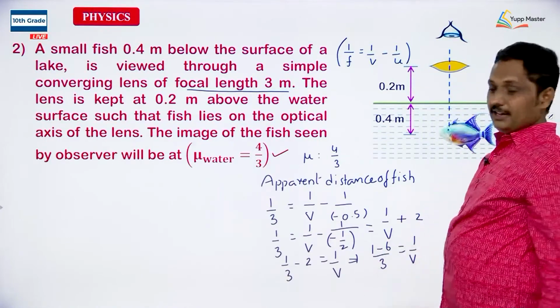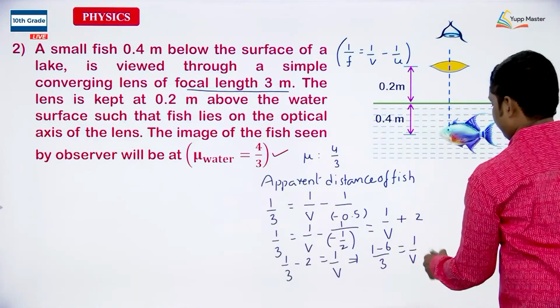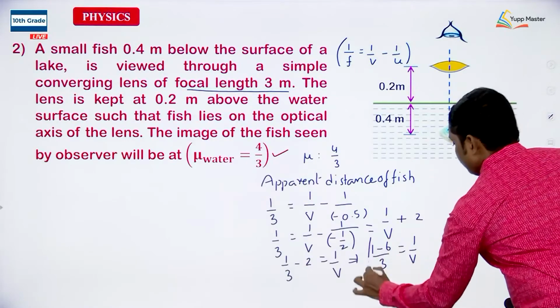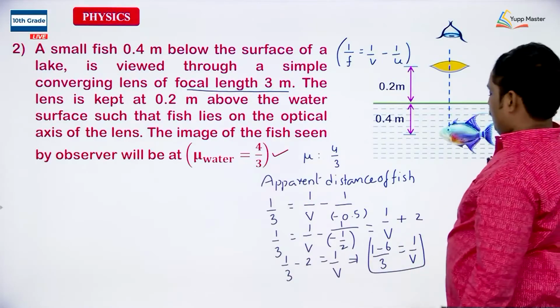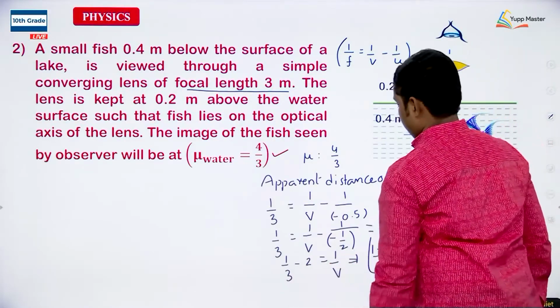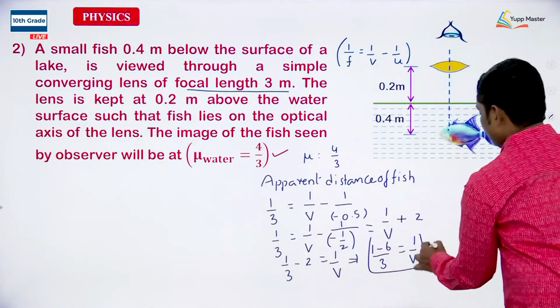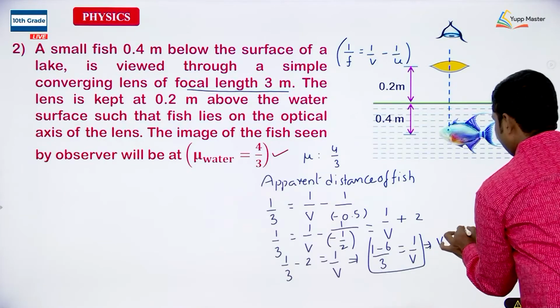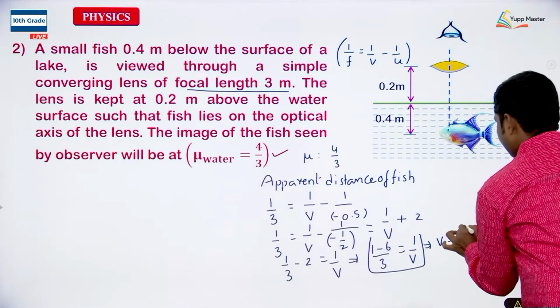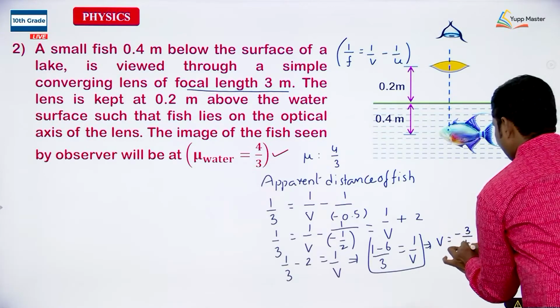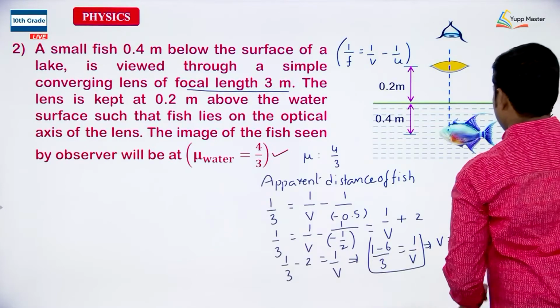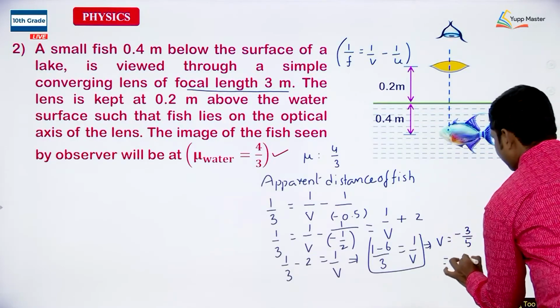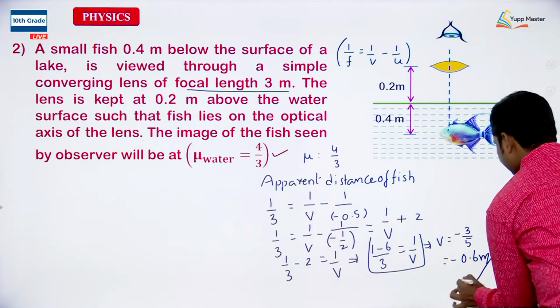You can easily solve this one. Yes. So, finally, you will get that v is equal to minus 3 by 5, that is equal to minus 0.6 meter.